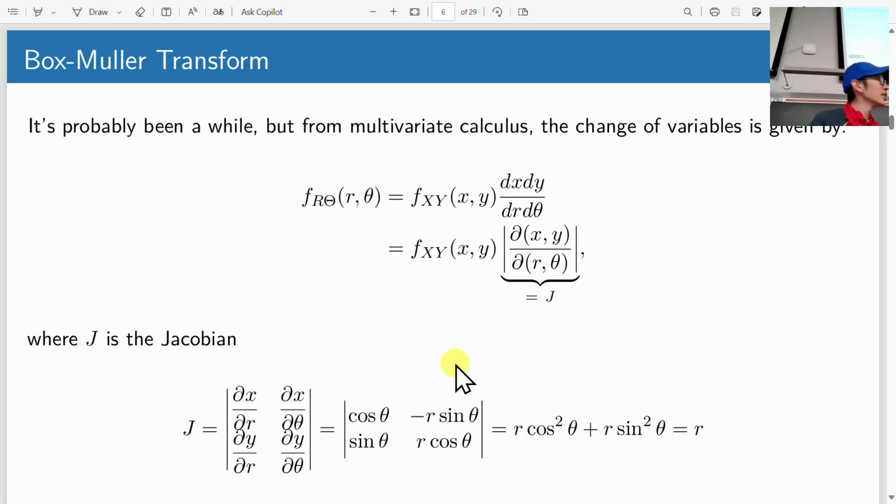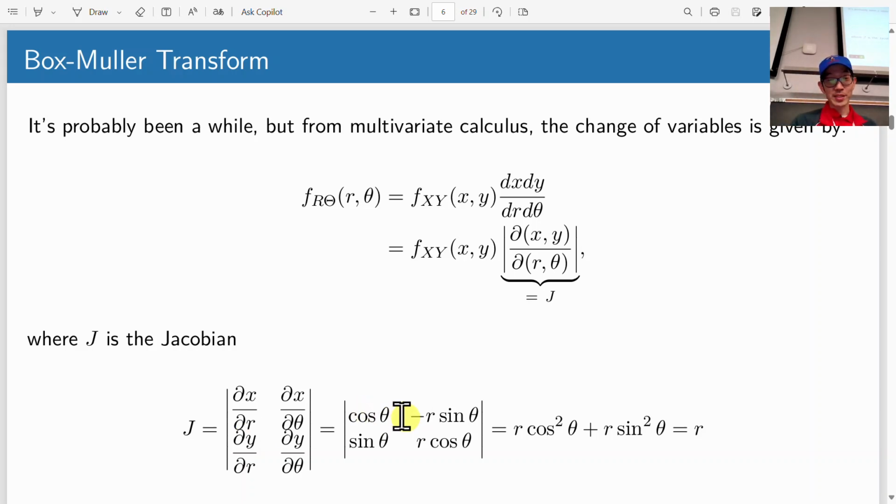Okay, it might be a while since you've had to do this, but in multivariate calculus, if you wanted to do a change of variables, you have to do something like this, okay? dx dy over dr d theta, and this part right here becomes the Jacobian. You're going to get dx dr, dx d theta, dy dr, dy d theta, the Jacobian of all these partial derivatives.